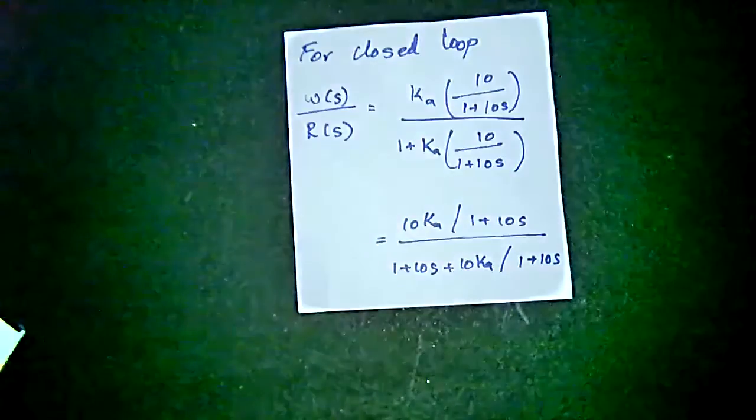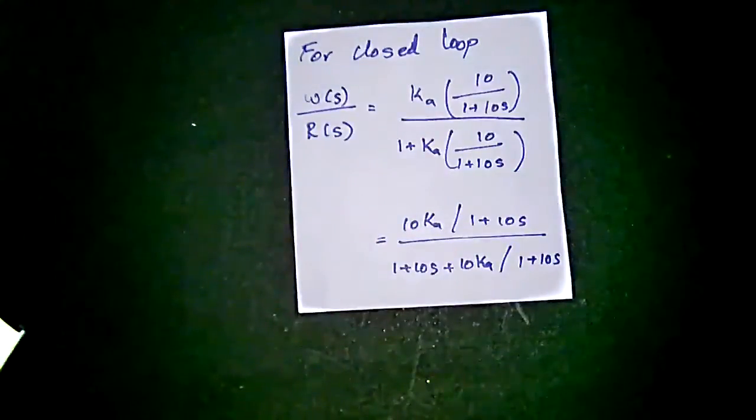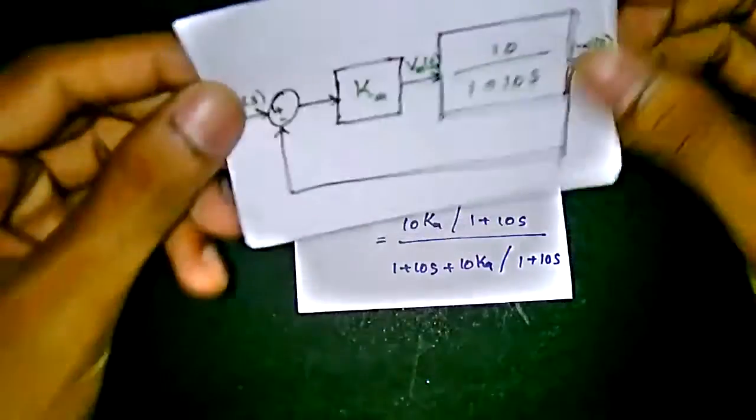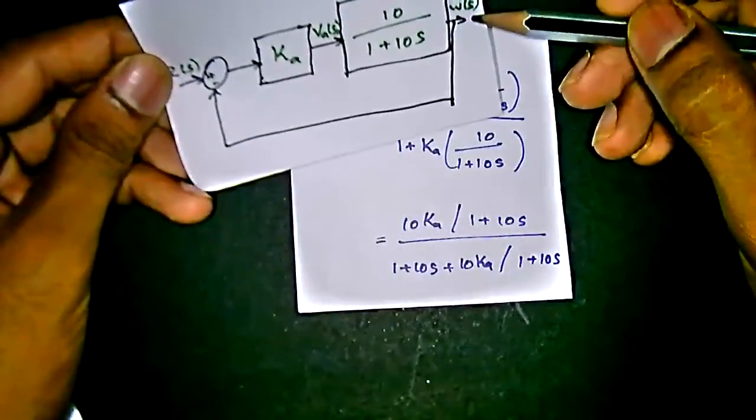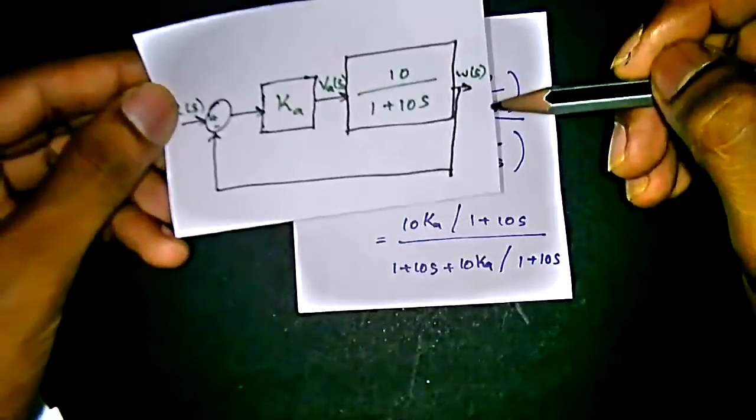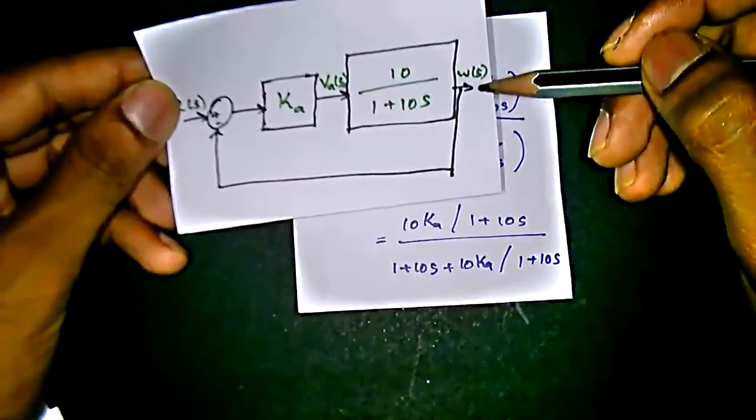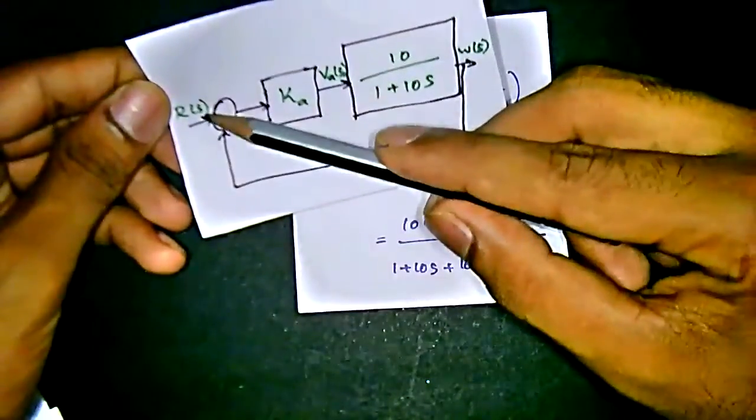For the closed loop, Y(s)/R(s), where Y(s) is the output signal and R(s) is the input signal.